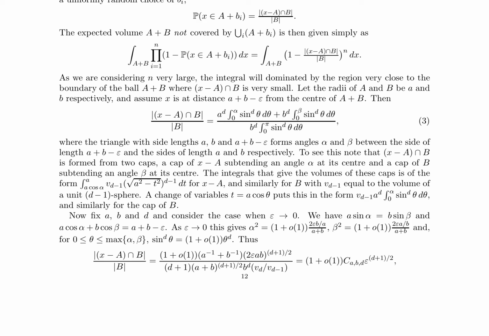This result is used to prove corollary 1.2, discussing the expected volume not covered by the union of intervals A plus bi. The proof involves a detailed analysis of the region close to the boundary of the ball A plus B, showing that the expected volume not covered is proportional to epsilon to the power of d plus 1 over 2, where epsilon tends to 0.